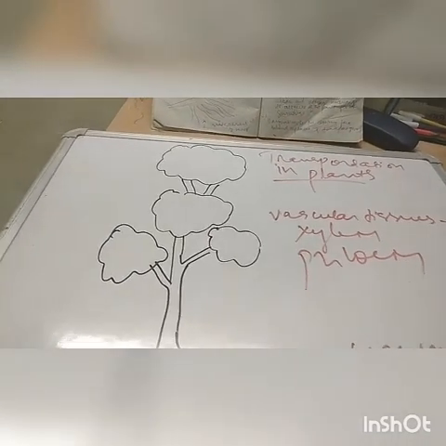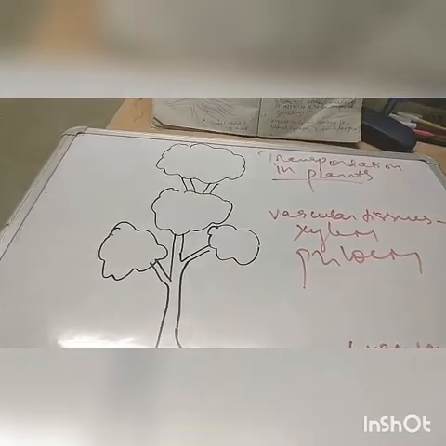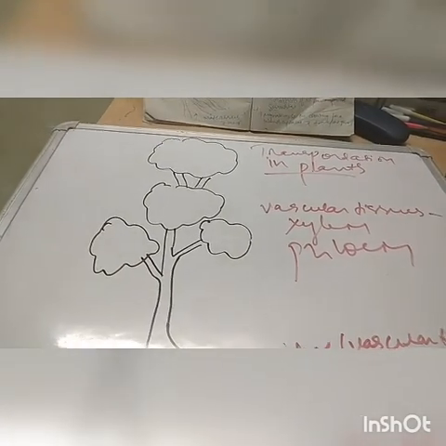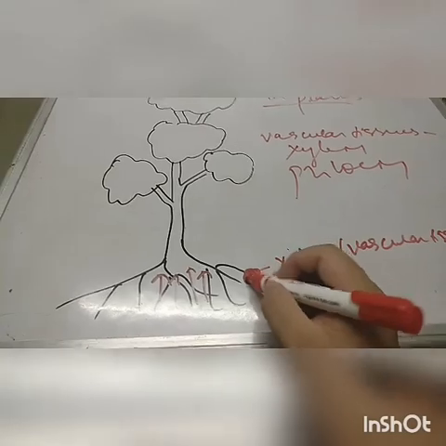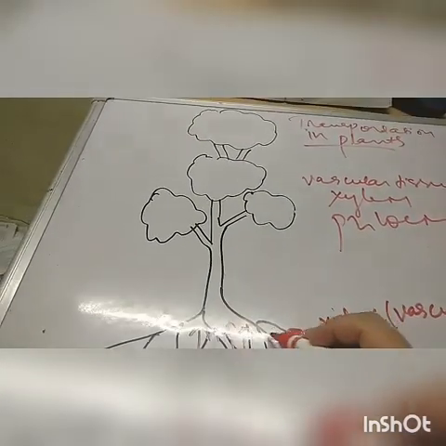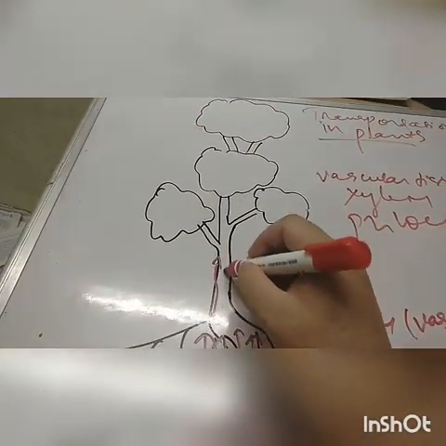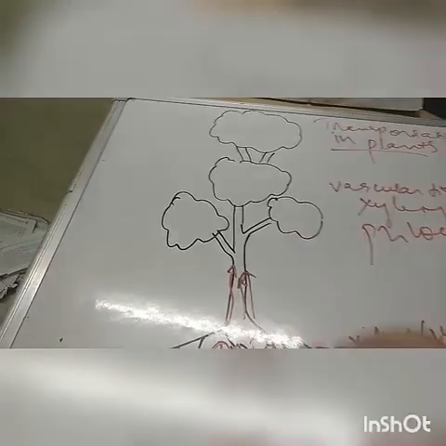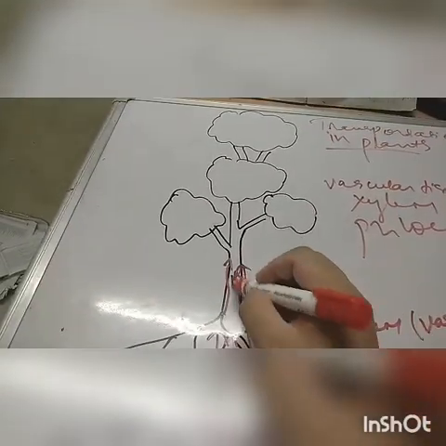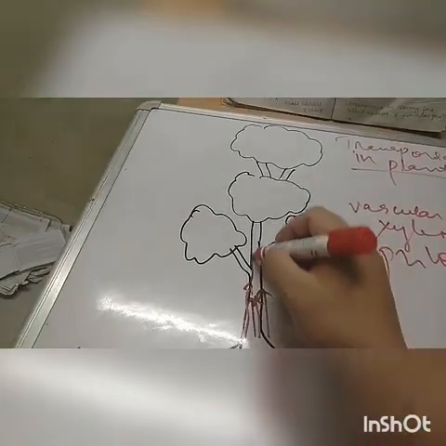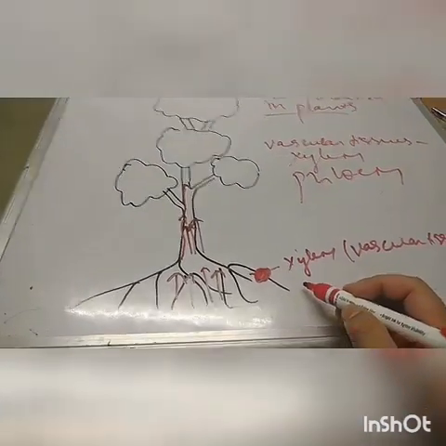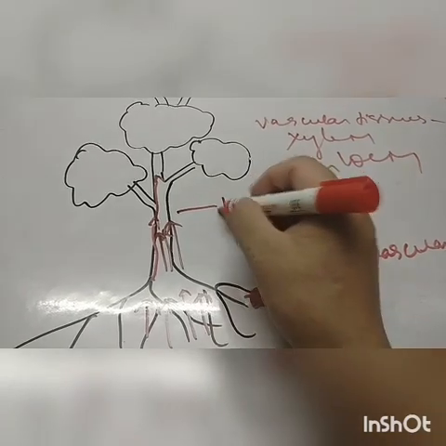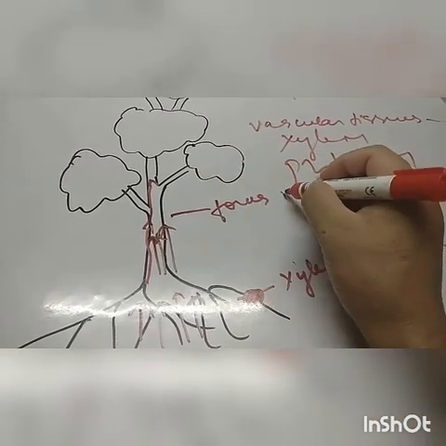The water that comes from the underground gets stored in the xylem, and after some time it is pulled upward by the transpiration pull. All right. The forces involved are the forces involved in the pulling of water.